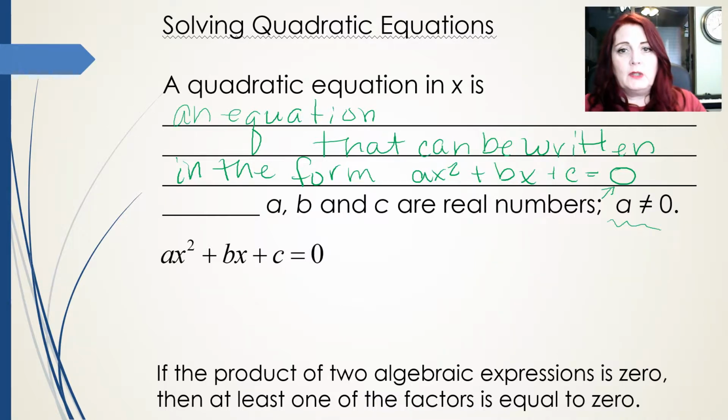But let's take a look at how we're going to do that. We're going to take that ax squared plus bx plus c, and we're going to factor this trinomial.